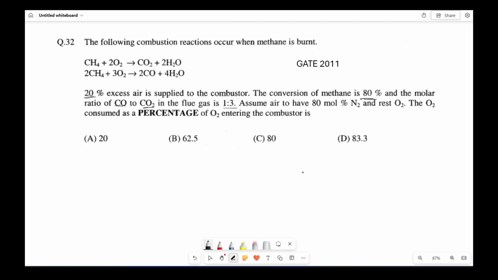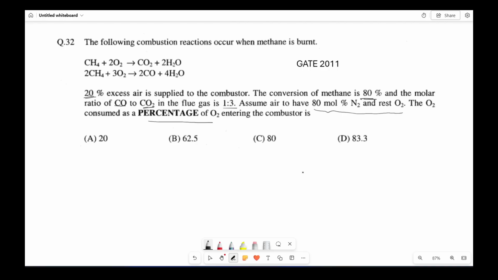Assuming the air has this composition, find the O2 consumed as a percentage of oxygen entering the combustion.